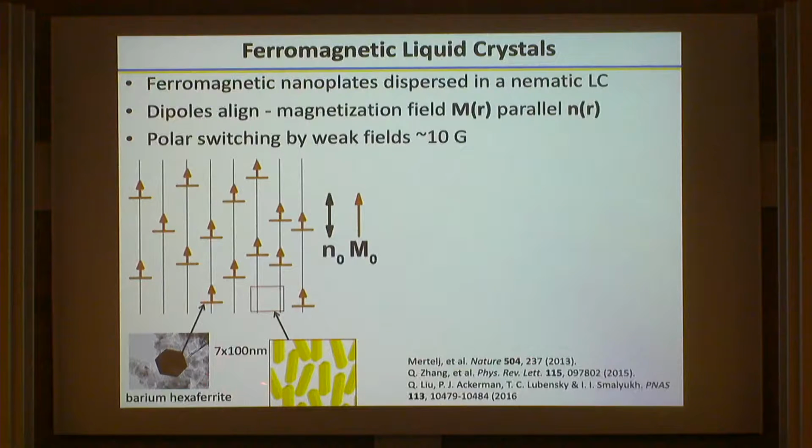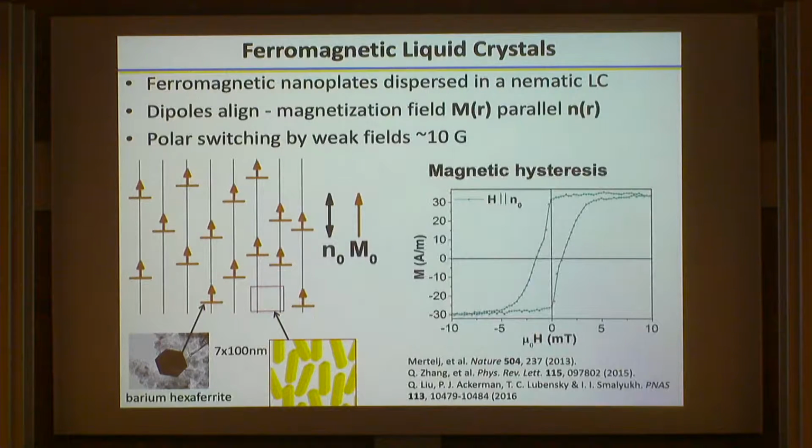So in here, we dope conventional thermotropic liquid crystal with ferromagnetic nanoplatelets, which are magnetically monodomain, and under certain preparation conditions, which I will not discuss in too many details due to time constraints, one can achieve the ferromagnetic ordering of these platelets when the single magnetically monodomain platelets will all order in the same direction, with magnetic moments parallel to the far-field director of the liquid crystal, and they will define the magnetization field, which in the ground state typically would be uniform.